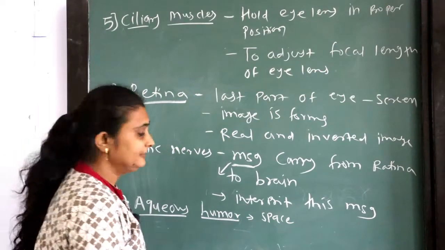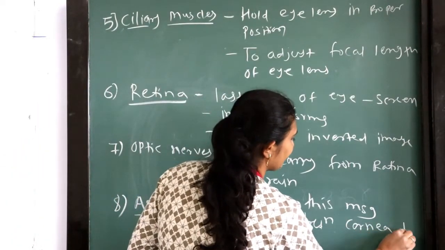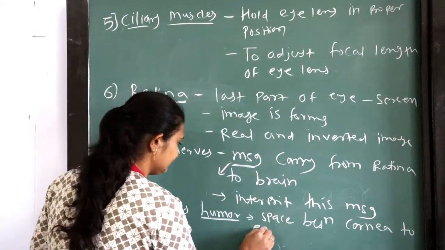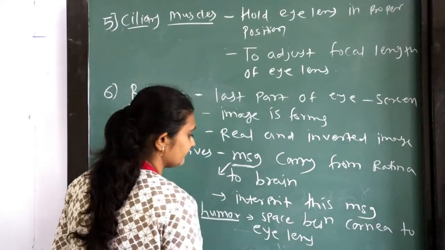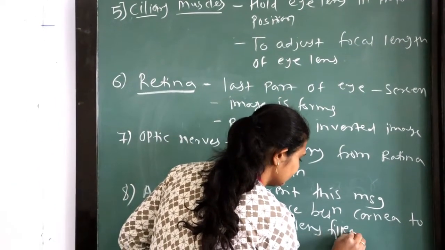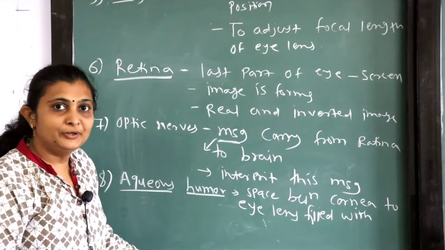The space between the cornea and the eye lens is filled with a transparent fluid.